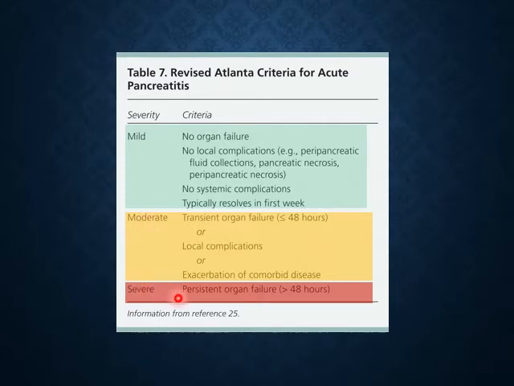And in severe pancreatitis, there's persistent organ failure. The organ failure lasts more than 48 hours or may even become permanent, known as very severe pancreatitis. So this classification is quite easy to understand.